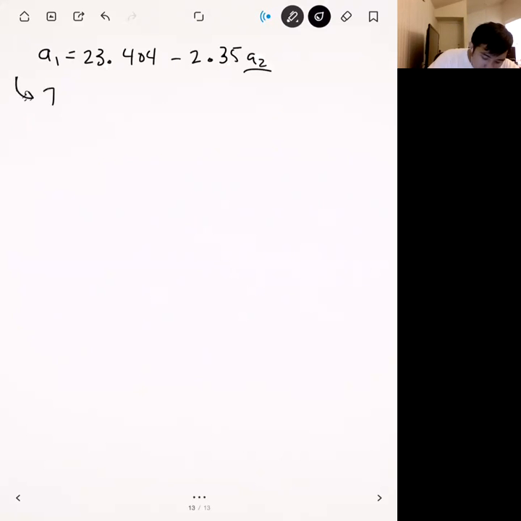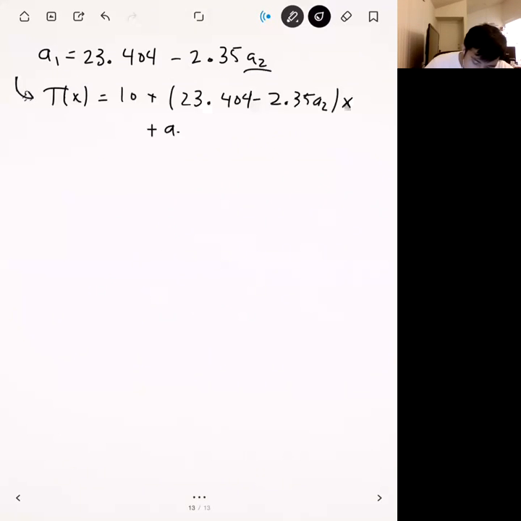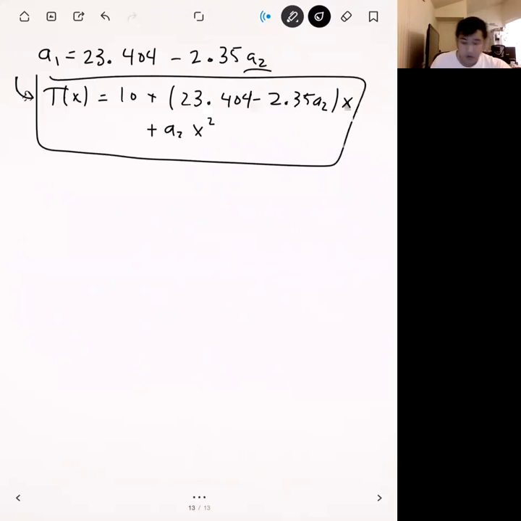And so from this, we get T of x is equal to A0, which is going to be 10, plus A1, which is 23.404 minus 2.35 A2, times x plus A2 x squared. Okay. And so this is the function that we're actually going to plug into our weak form.